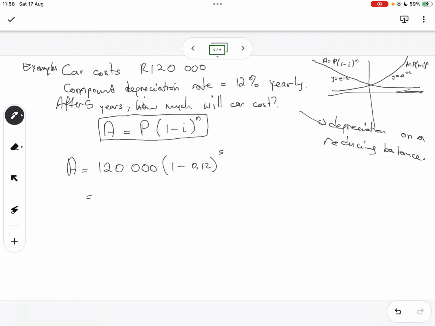Oh no, it's not 1.12, my mistake. Let's clear the memory. 100 minus 12 is 88, so 0.88 to the power 5, and we multiply that by 120 thousand, and this gives us 63,327 rand 83 cents.